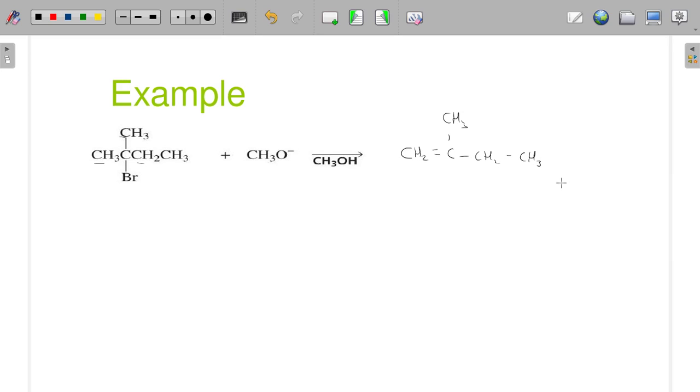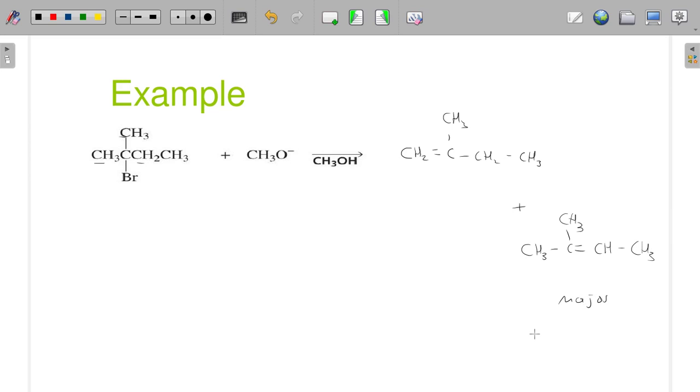But I also know Zaitsev told me that the side with fewer hydrogens is where we're likely going to get the elimination. So I'm going to leave this alone and leave that alone, but make that go down by one hydrogen, and that's the major product.